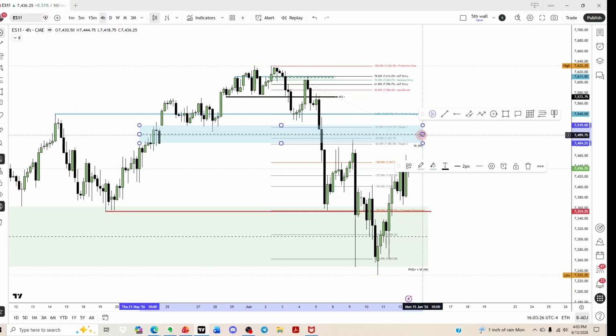Like with that, look for PD arrays on this 4-hour chart in close proximity to these weekly PD arrays. And when I mean premium and discount arrays, in my case I just use inefficiencies, volume imbalance, fair value gaps.